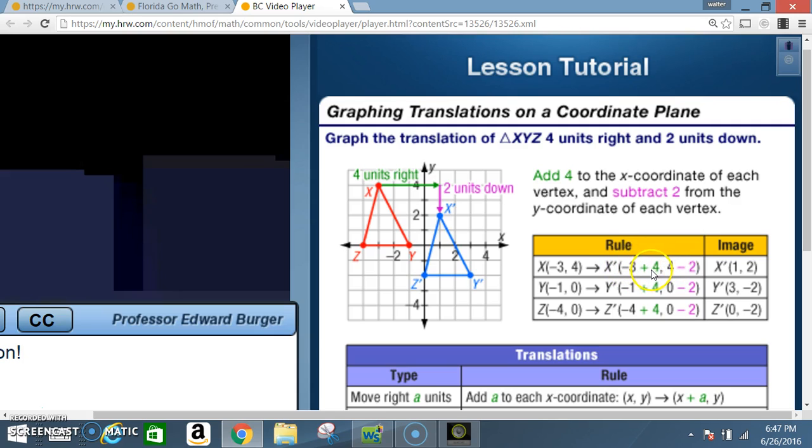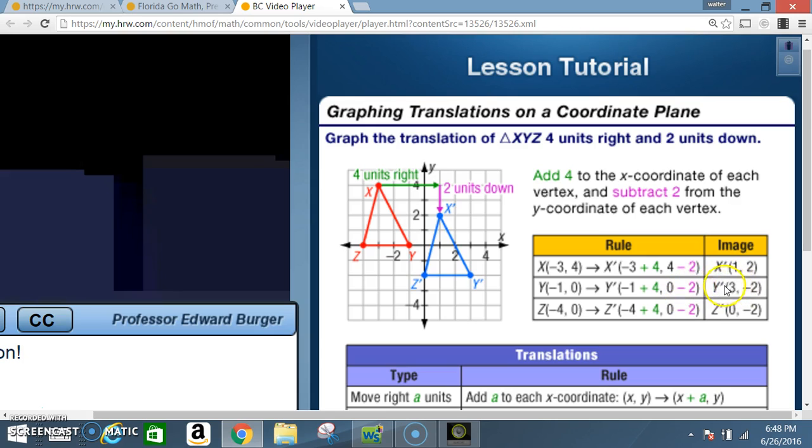-3 plus 4 is 1. 4 minus 2 is 2. And that gives you the new location. So you have to be able to do this graphically and algebraically. When you look at y, the original position of y is -1, 0. But to the x coordinate for y, we add 4, and to the y coordinate for y, we subtract 2.